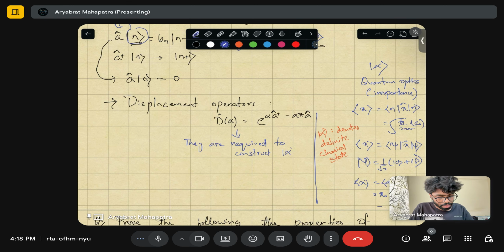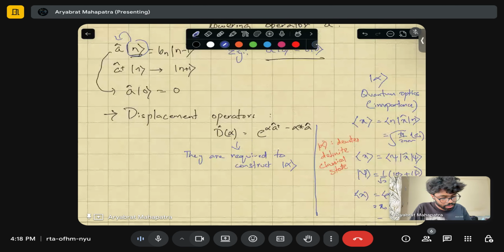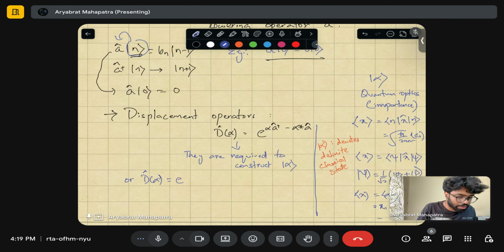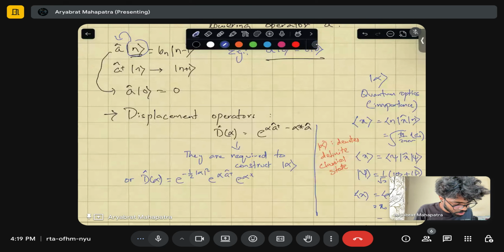And this displacement operator, D(alpha), you can also write as exponential of minus half modulus alpha squared, then exponential of alpha a dagger, then exponential of minus alpha star a.